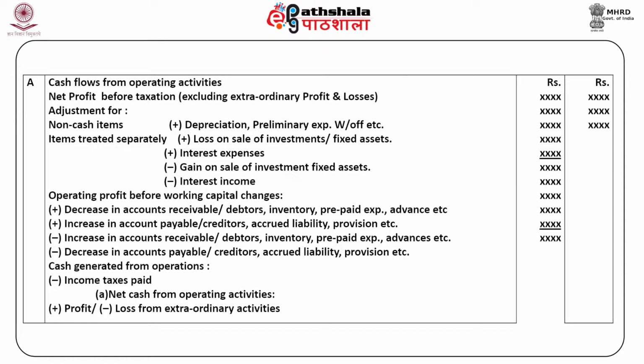The items are: net profit before taxation, excluding extraordinary profit and loss; adjustment for non-cash items: add depreciation, preliminary expenses written off, etc. Items treated separately: add loss on sale of investments and fixed assets, add interest expenses, and then deduct gain on sale of investments and fixed assets and deduct interest income.